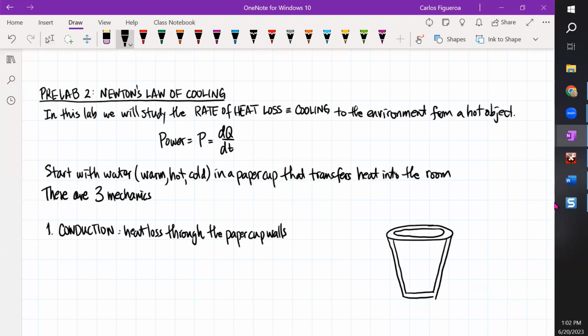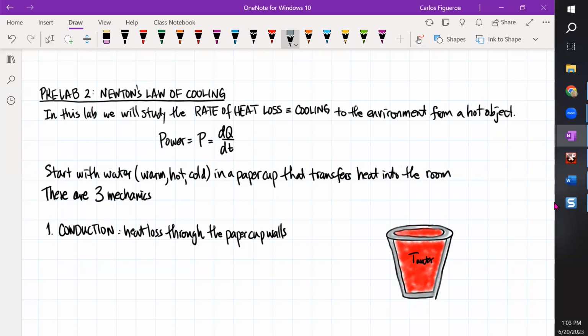So what this cup does is it contains hot water. But note, we're going to vary the temperature of this water. So right here, this is going to be the temperature of the water, and then the walls of the cup, here in gray, is the heat transfer through the walls of the cup.